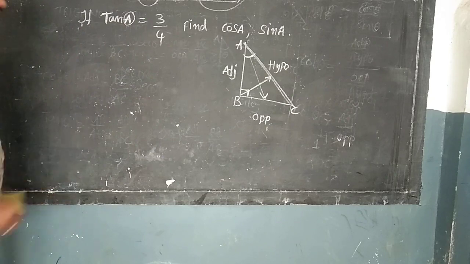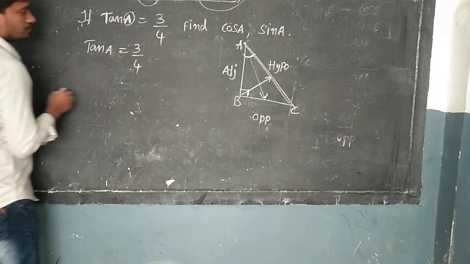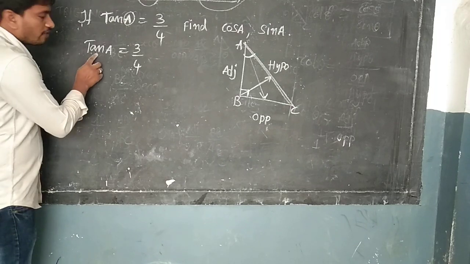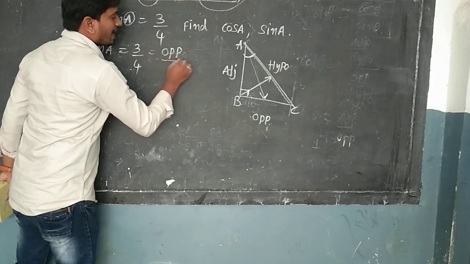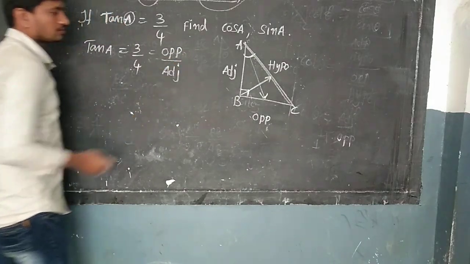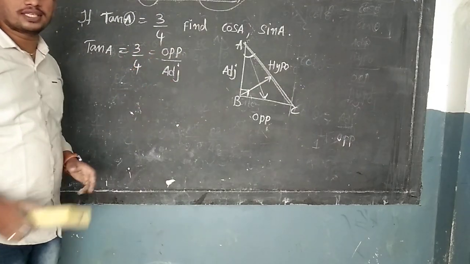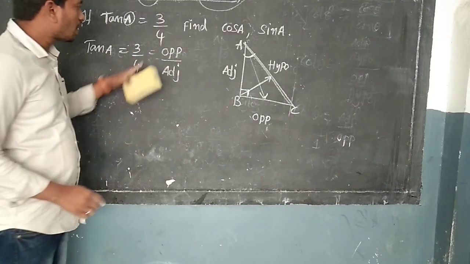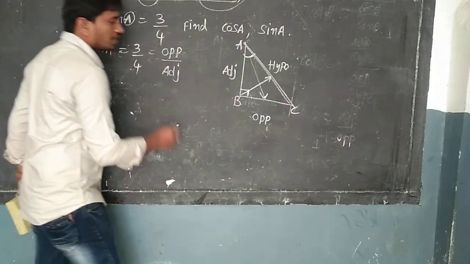Given ratio tan A equal to 3 by 4. So what is the ratio of tan? Tan is nothing but opposite side by adjacent side. Tan A equal to opposite side by adjacent side. So what is the opposite side here? BC is the opposite side, which is 3 units.